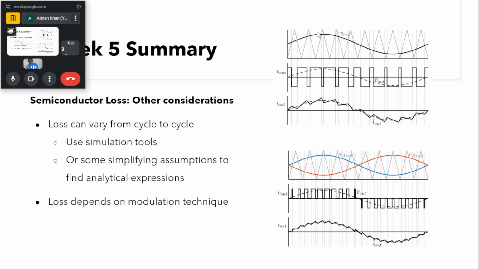So you can see in the bipolar modulation, there is more ripple compared to the unipolar modulation. As such, in a particular switching interval, the value of the current at an instant of the turn off or turn on may be different, and maybe more, and that will correspond to more switching loss compared to the unipolar, where you can see the value of the ripple in the current is smaller, and we can have a different switching loss in this as well.